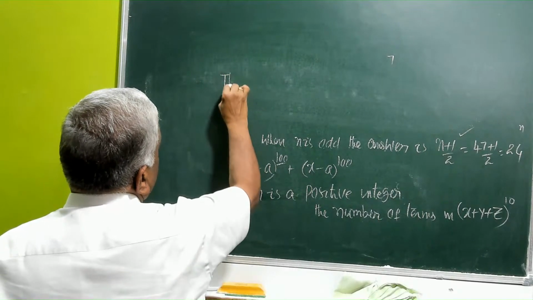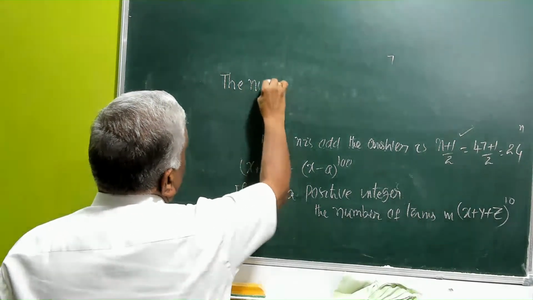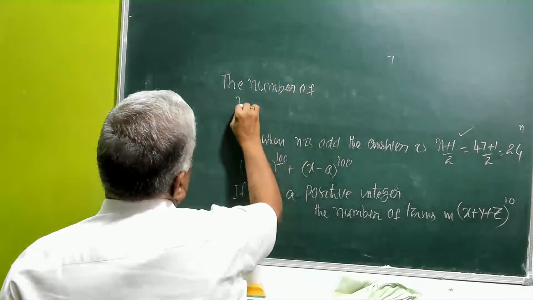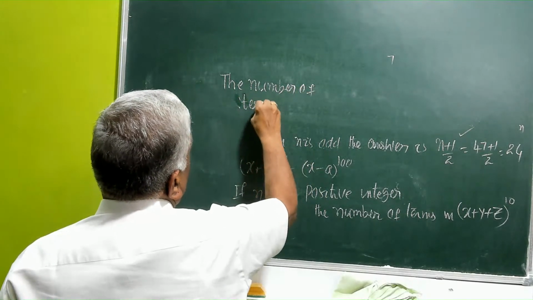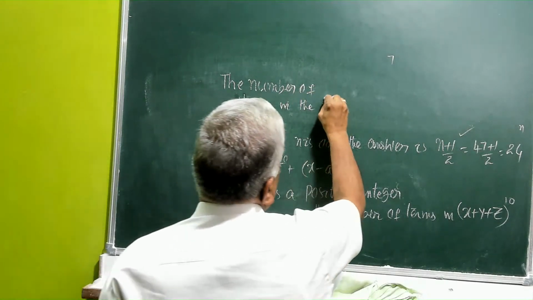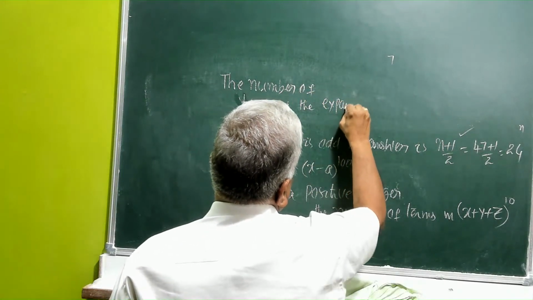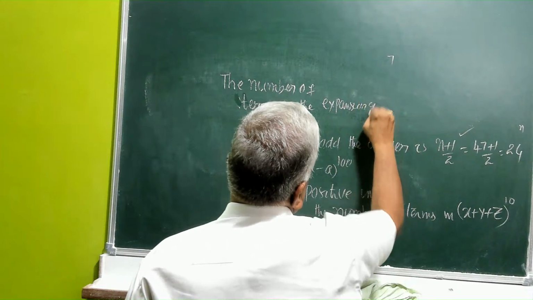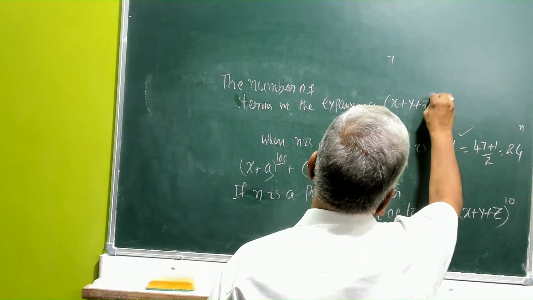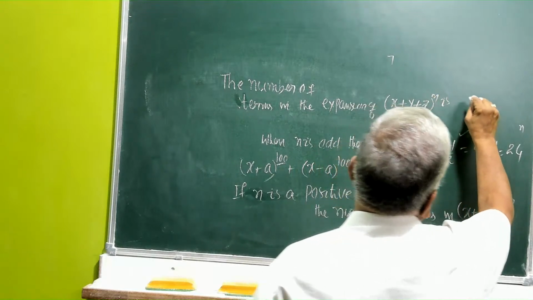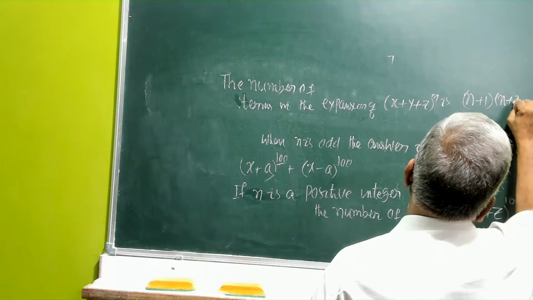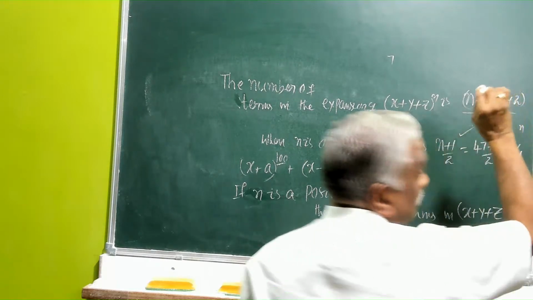The number of terms in the expansion of (x plus y plus z) to the power of n is (n plus 1) into (n plus 2) divided by 2.